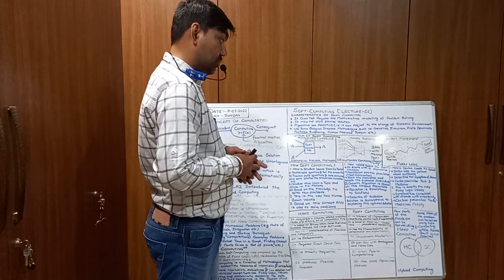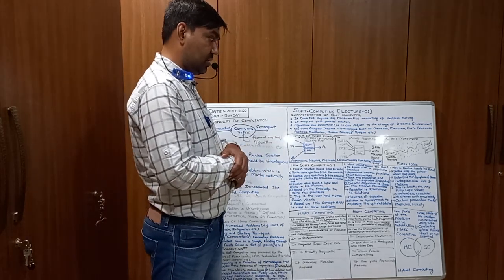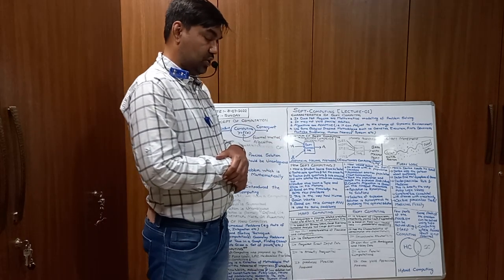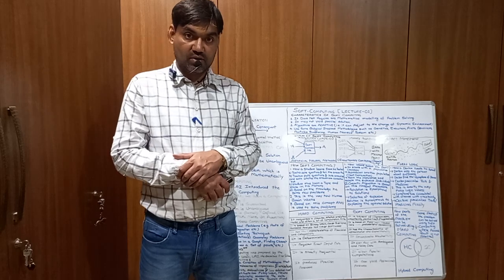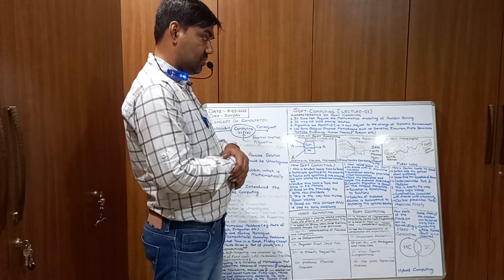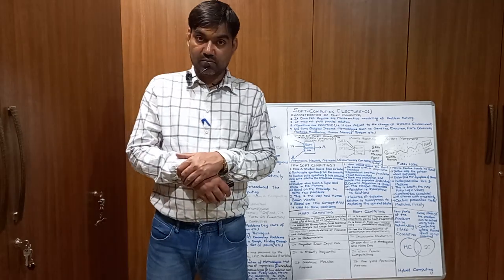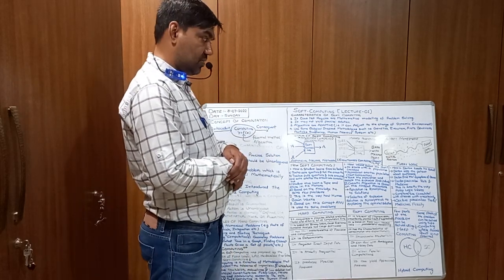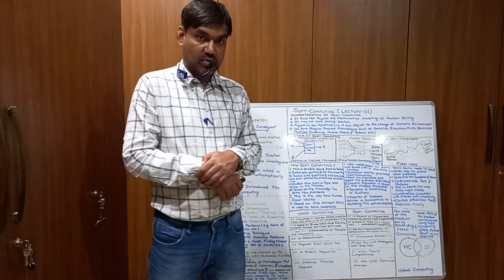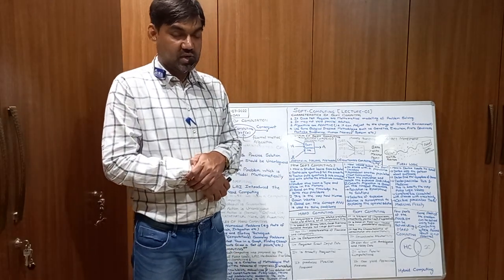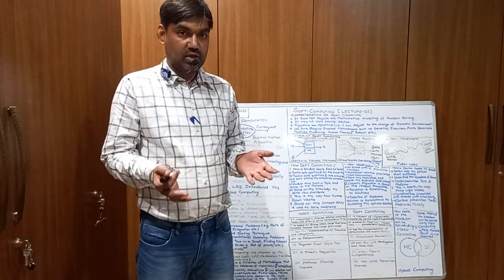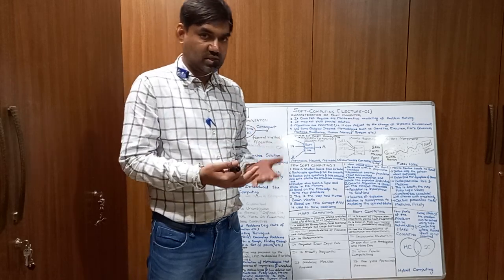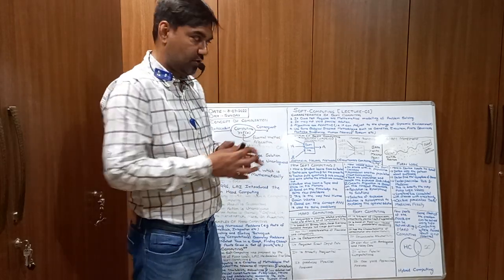So this problem could be solved using the evolutionary computing mechanism or the genetic algorithm technique. Using the genetic algorithm technique, we can solve this problem. The person could have maximum benefit out of the money. He will be investing the money and will have the maximum profit.